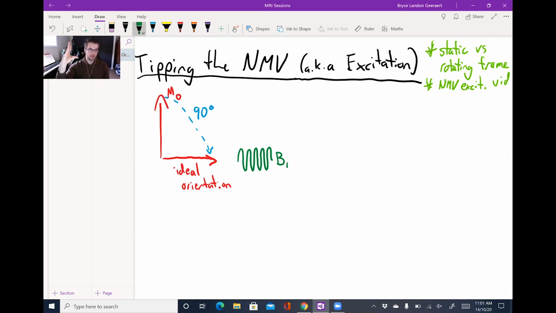And now, because there's two magnetic fields, there's going to be a force applied, which is going to cause the main magnetic field we're concerned with, M0, to tip in the direction of my fingers, right? So now I've just got like an alligator mouth closing. So if we apply the B1 field at a right angle in the transverse plane, the NMV is going to tip towards this new, more exciting magnetic field. It's going to want to align itself with B1 as determined by the right-hand rule.